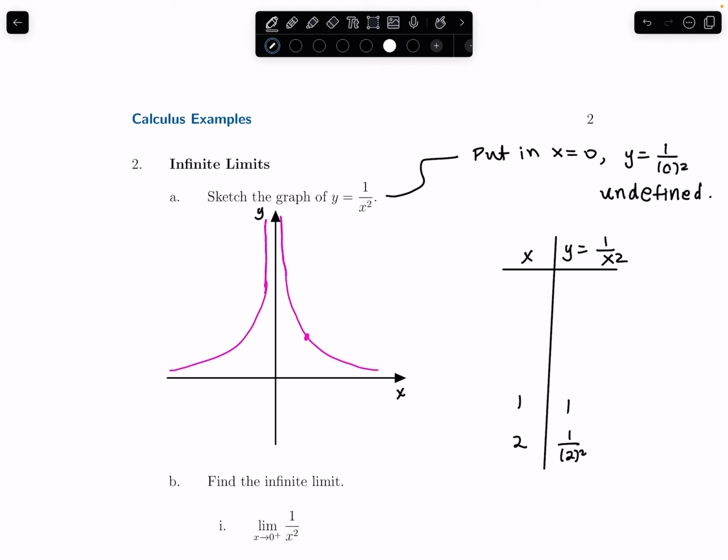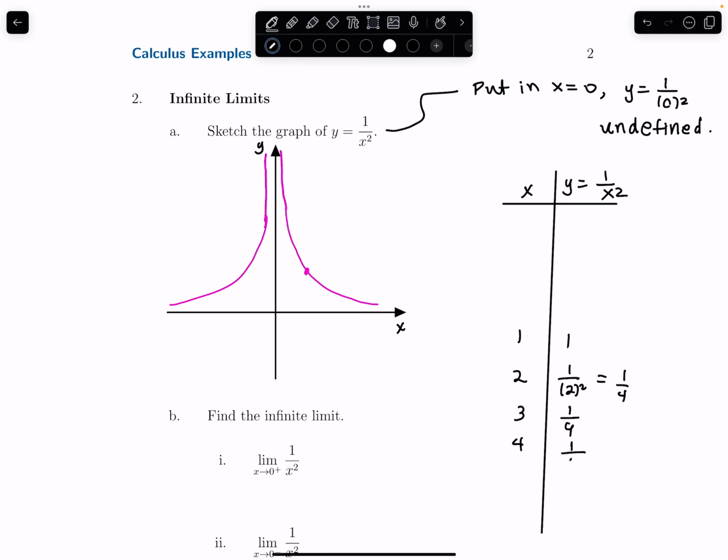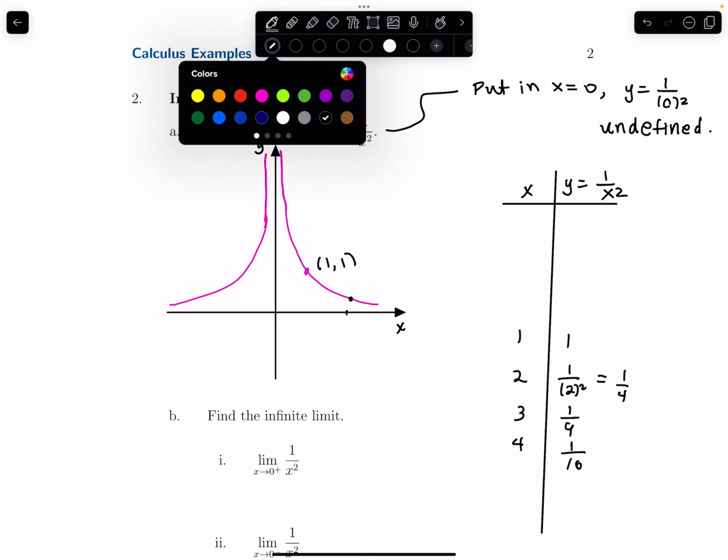Square 2, 2 squared is 4, and then the reciprocal, 1/4. Or 3: 3 squared is 9, then the reciprocal of 9 is 1/9. 4: 4 squared, 16, reciprocal, 1 over 16. See all the things we can do without a calculator? It's amazing.